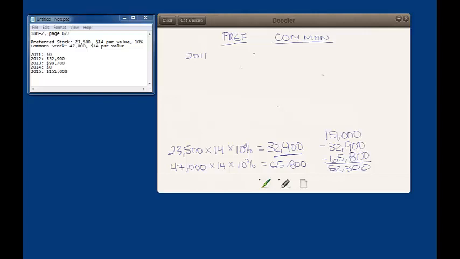However, the preferred stock is cumulative. The dividend to which the preferred stockholders had a right needs to be accounted for. We call these dividends in arrears.